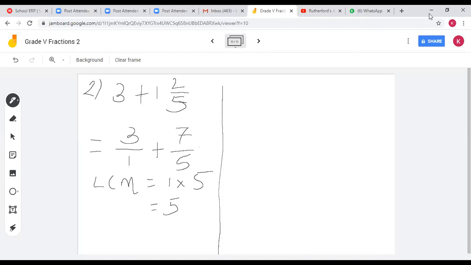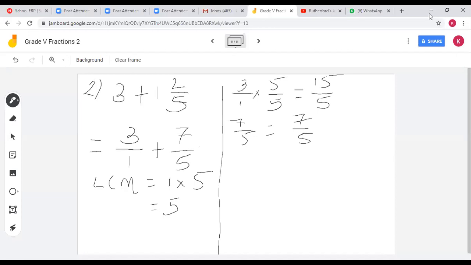So first we convert 3 upon 1 into something upon 5. Obviously we will multiply it by 5. So 3 5s are 15. And 7 upon 5 has no need to change because it is already with 5.